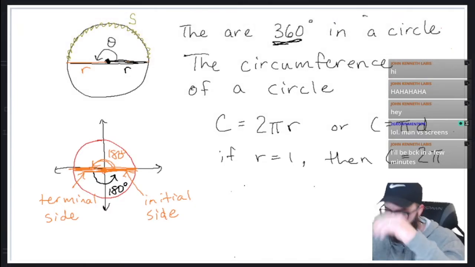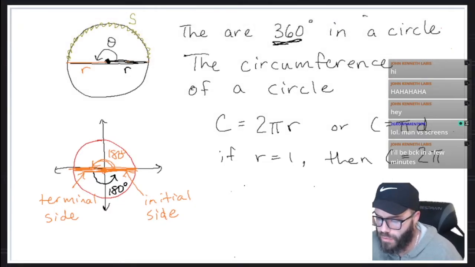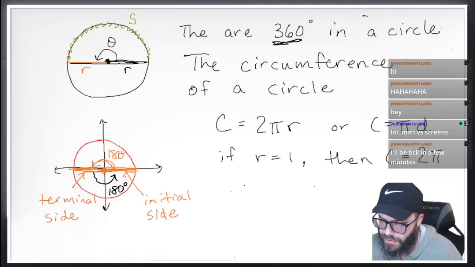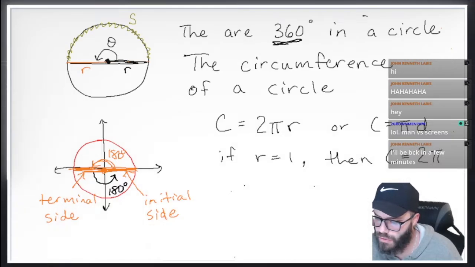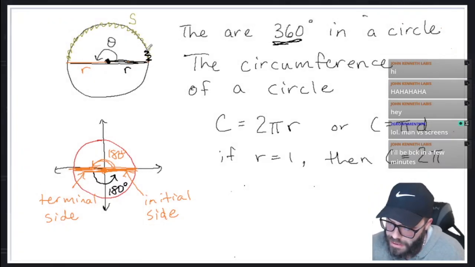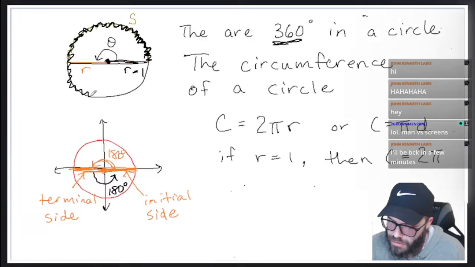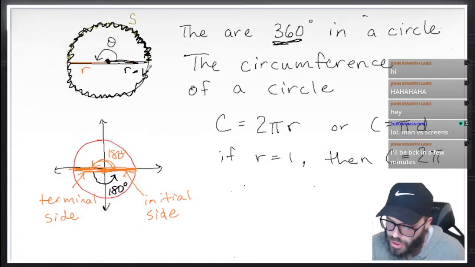Pi is approximately 3.14. So if I have a semicircle, what is the length of a semicircle? The arc of a semicircle. So the distance around, if r is equal to 1 here, the distance around this circle would be 2 pi.